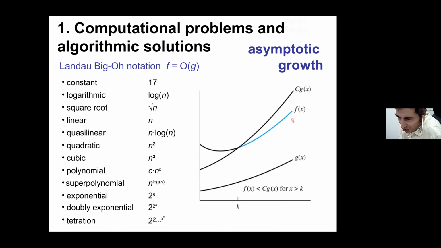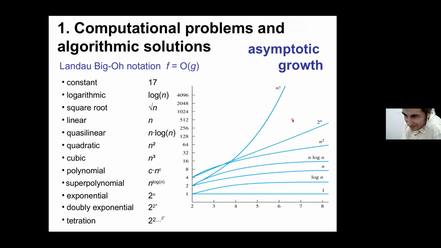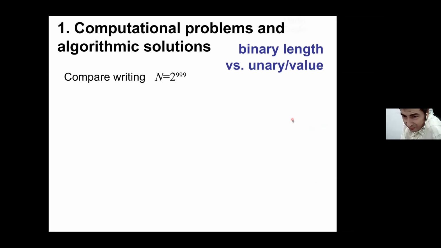Everything which is constant in n, for n going to infinity, was regarded as equivalent, which is not very precise, but for simplicity we have adopted this viewpoint. And here is some picture of some growing functions.